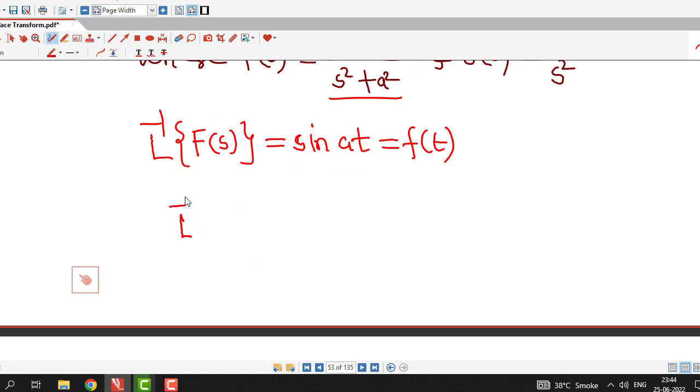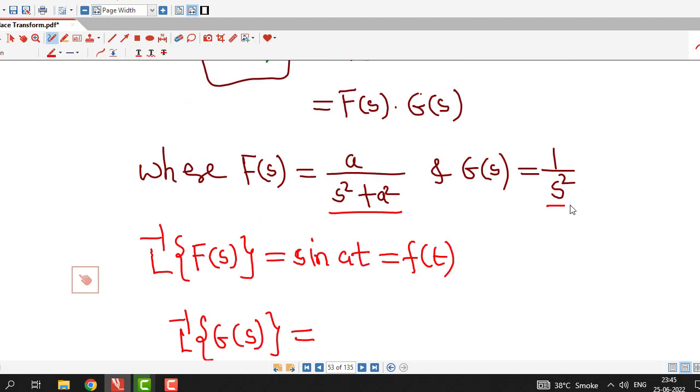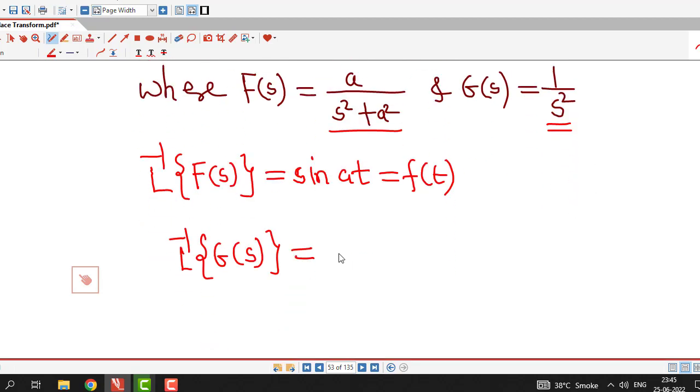Similarly, inverse Laplace transform of capital G is the inverse Laplace transform of 1 by s square, which is nothing but t, and this we consider as g of t. So f of t is sin at, g of t equals t.